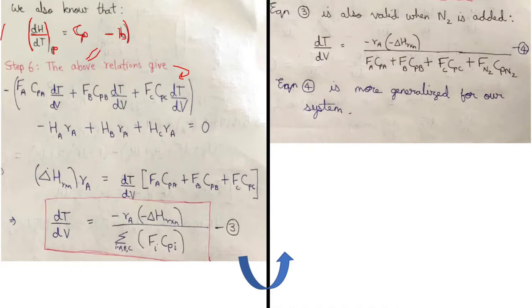And we know that the delta H of the reaction is given by the enthalpy of the product minus the enthalpy of the reactant, right?